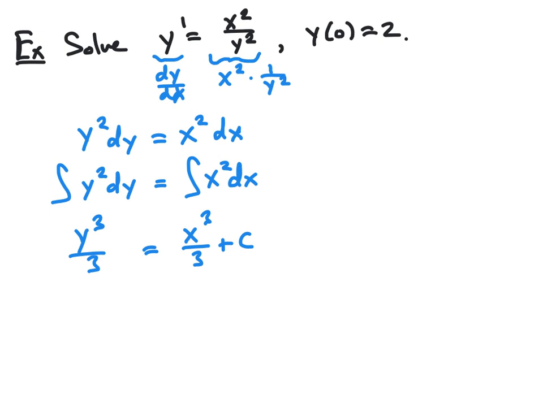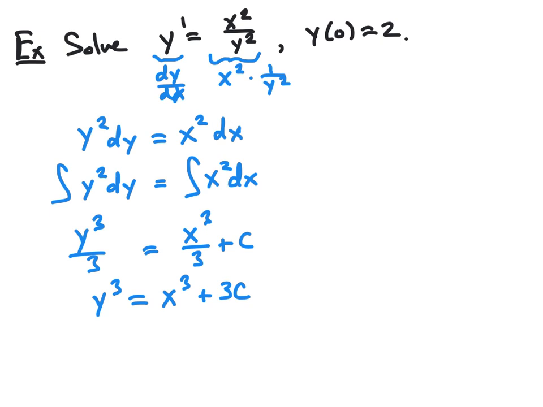At this point, we want to solve for y. And so to do that, we can multiply both sides by 3. And so we get y cubed equals x cubed. And again, we have a game we can play with this constant. Technically, it should be 3 times the arbitrary constant c. But if I take an arbitrary constant and multiply it by 3, I again will get an arbitrary constant.